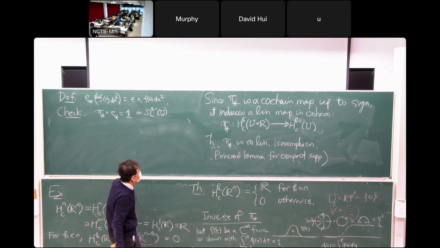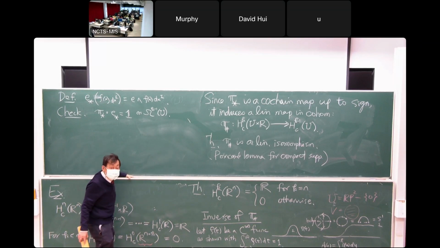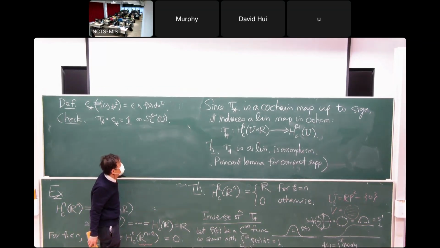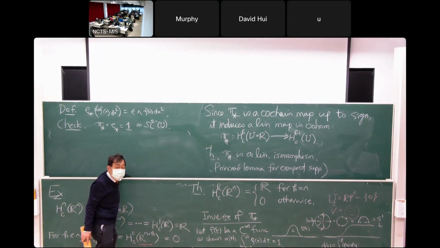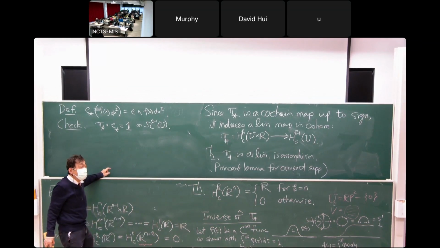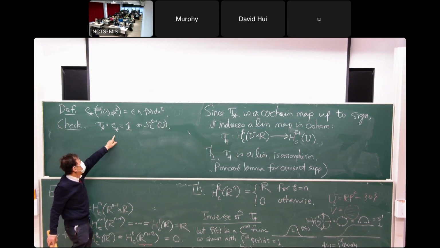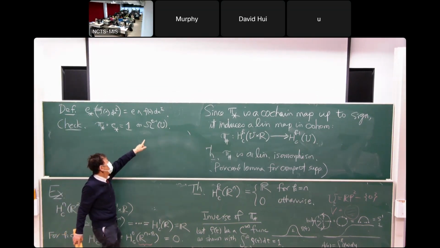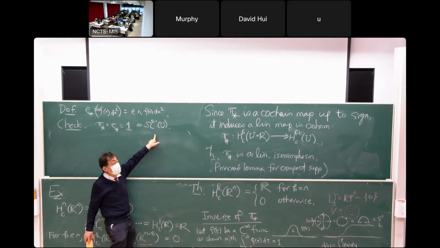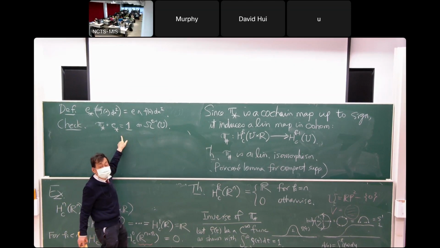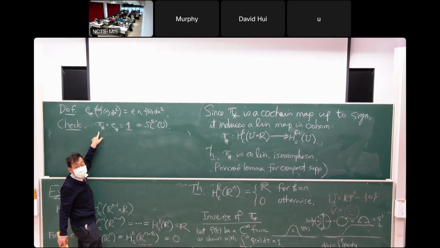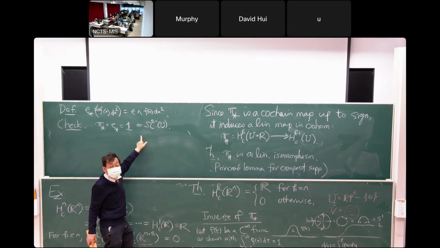So let's continue. Yeah, so we defined an inverse map, which is wedging with the form in T whose integral is 1. And you see this has to be true because you start with a form in X, you wedge it with that form in T, and then you integrate out the form in T. So you'll end up with the original form.